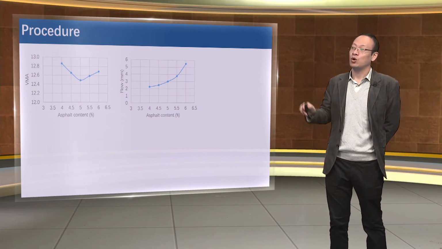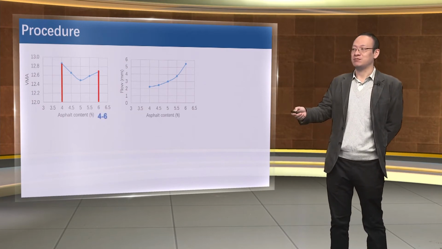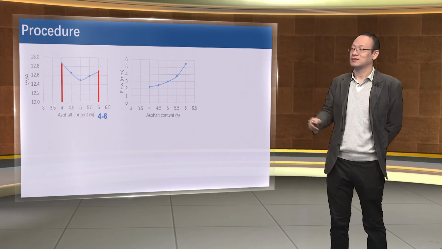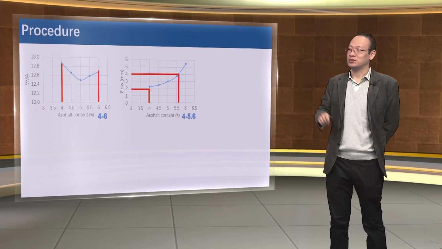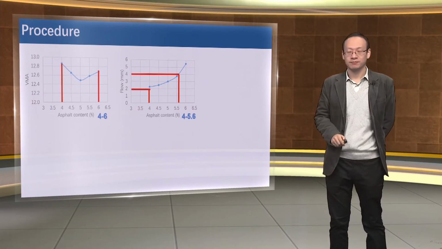For VMA, we want them all higher than 12. That means all the asphalt contents met this requirement. For the flow value, we want them between 2 and 4. We can see that the acceptable asphalt content ranged between 4 and 5.6.